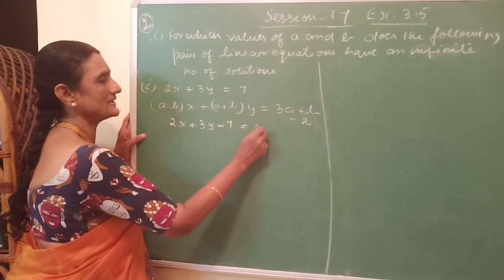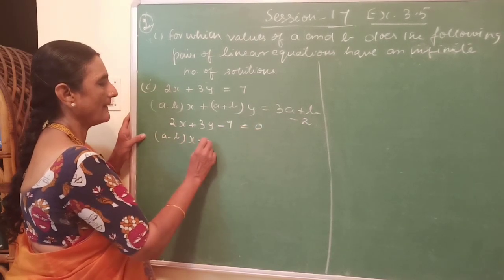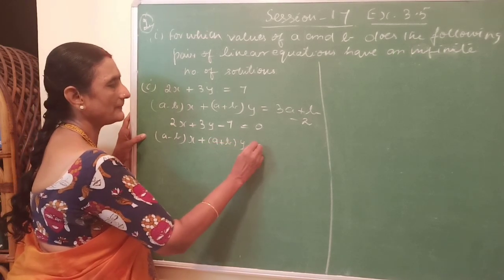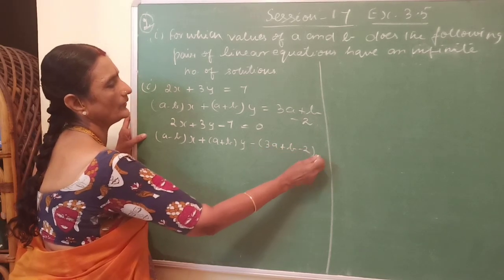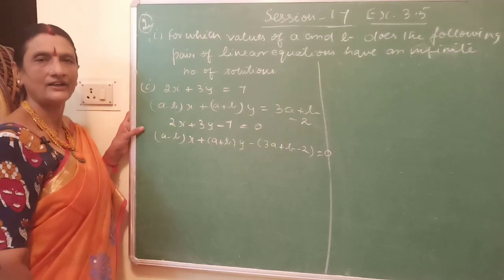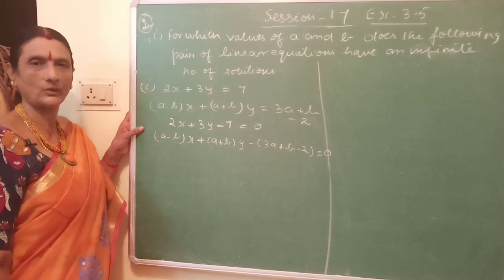Minus 7 equals 0 and a minus b into x plus a plus b into y, then minus of 3a plus b minus 2 equals 0. Correct? Are you understanding? So minus of 3a plus b minus 2 equals 0.